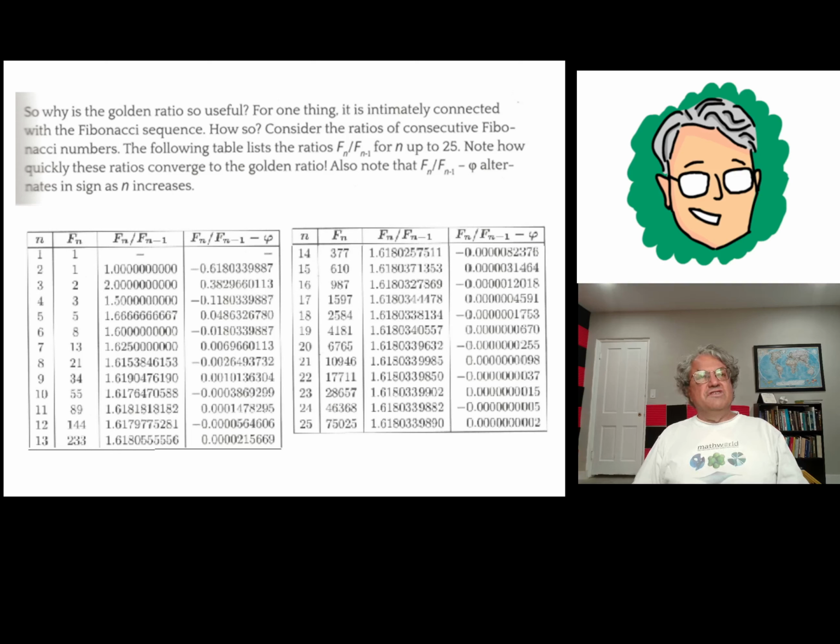And you keep going like this, and they all look like this. So the last of these ratios I wrote down, F25 over F24, which is only different from the golden ratio by 2 parts in 10 billion, the continued fraction of that would be 1; followed by 24 more ones. So a total of 25 ones. And that's very close to the actual golden ratio.